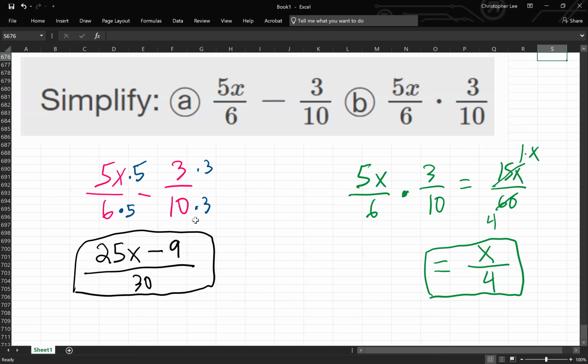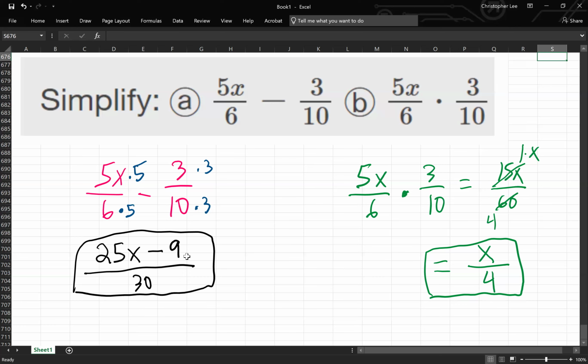Then you just multiply the top numbers. 5x times 5 is 25x. 3 times 3, that's 9. And that's it. They can't be combined because of the variable that's there. If it was a whole number, like just 25 minus 9, then I could subtract those numbers. But because there's a variable there, they can't be combined. So they stay separate like that.